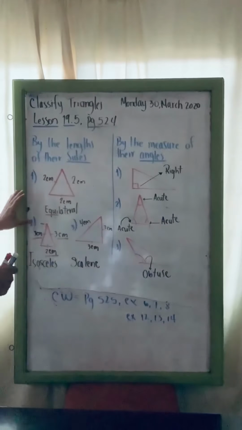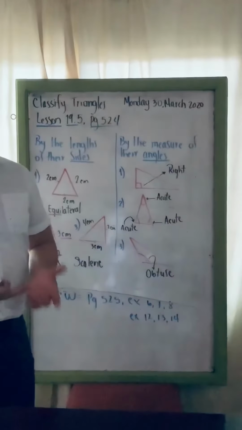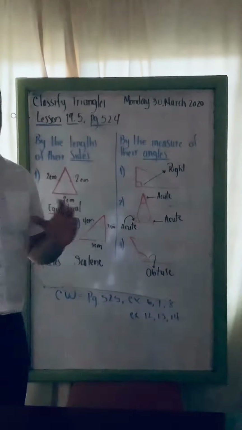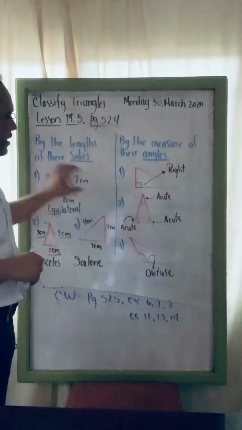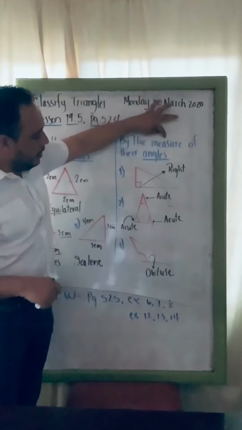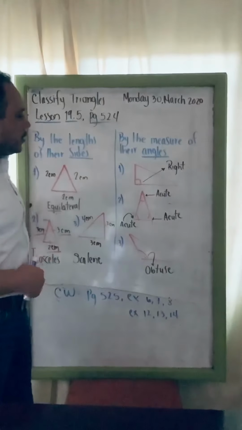Now we move to the second division. We may be talking about the same triangles, but we need to switch our point of view. Now the point of view is not about the length, it's about the measure of the internal angles. Look at the first one.